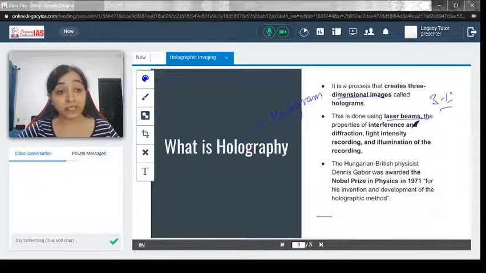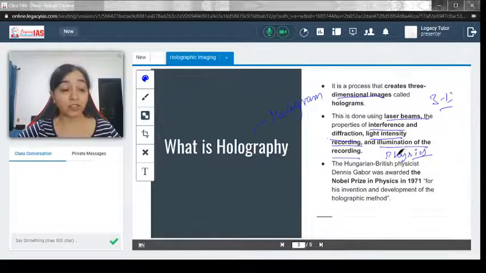Laser beams are used for holography and lead to various physical phenomena. What are these? Interference, diffraction, light intensity recording, and illumination of the recording. These are the physics phenomena that lead to the formation of the 3D figure, what we call a hologram.